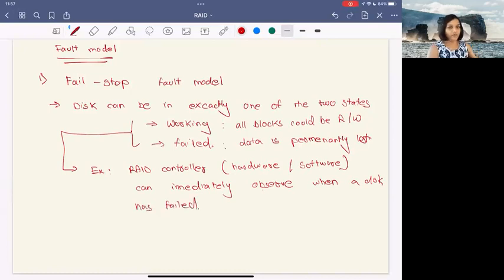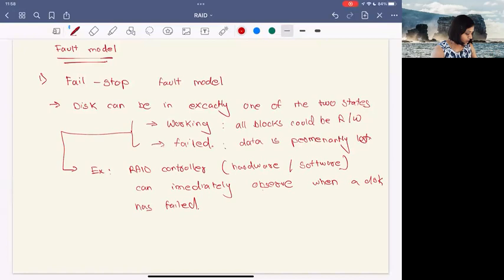So there is some mechanism already set in place which could report to the RAID controller, so that the RAID controller could immediately observe as soon as one of the disks that it's managing fails.